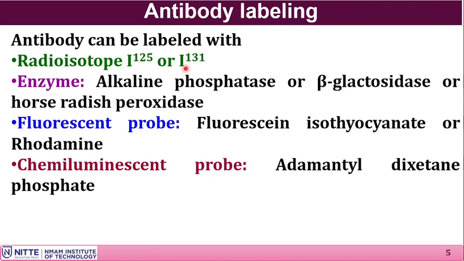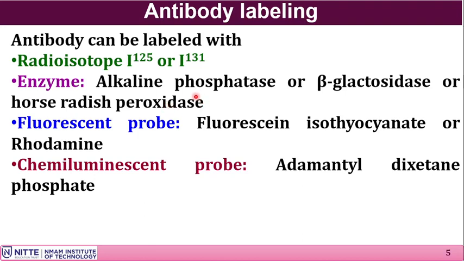So radioisotope I-125 and I-131 are predominantly used for developing radioimmunoassay kits, where the antibody is now labeled with radioisotope for radioimmunoassay.